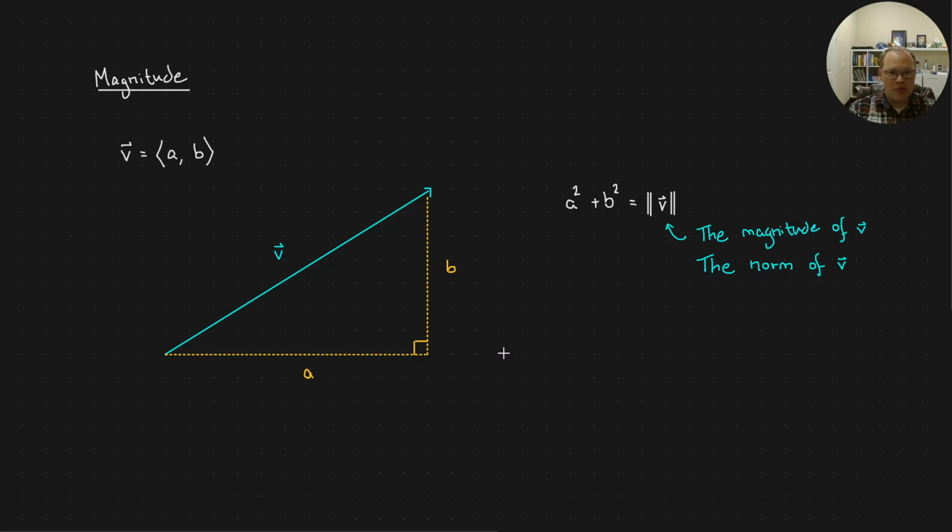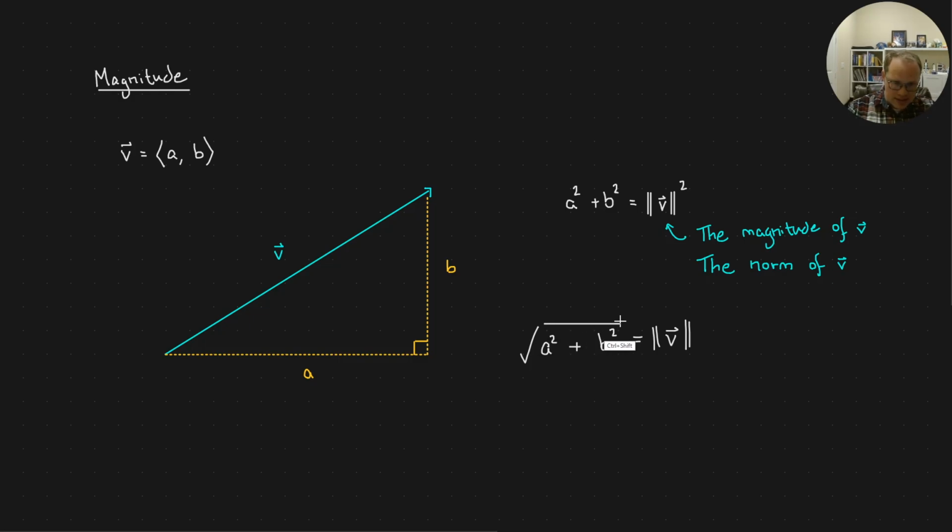And so according to the Pythagorean theorem, it's one leg squared plus the other leg squared equals the length of the vector squared. Okay, so this magnitude is what we're looking for. Now right now it's squared, so all we have to do is unsquare it. And so the norm of the vector is just the square root of a squared plus b squared.